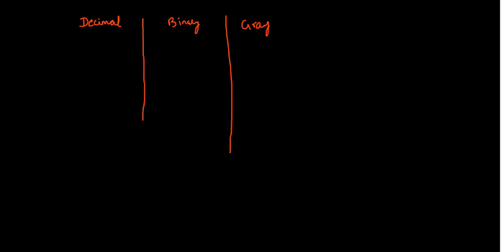First of all, our favorite decimal number comes, then we have binary, and after binary we have Gray code. So let's make it happen.